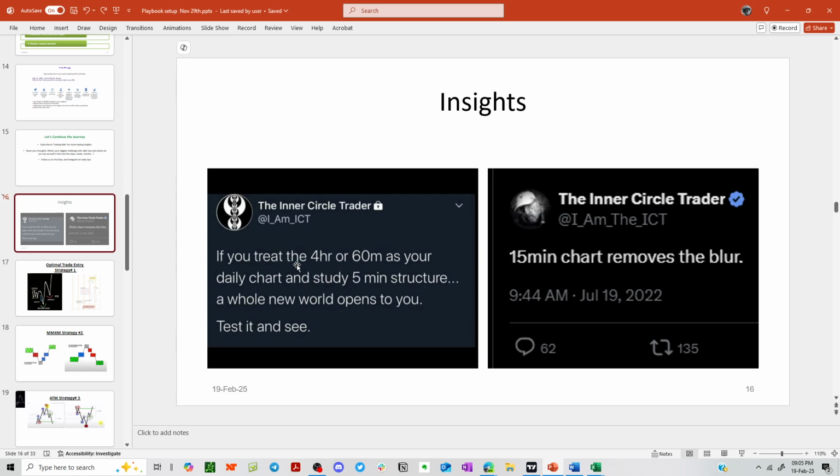Test it and see. It doesn't mean that you don't have to trade in the direction of the daily or the weekly time frame. But you can treat it like you treat your daily chart, utilizing the 4-hour or 1 hour.